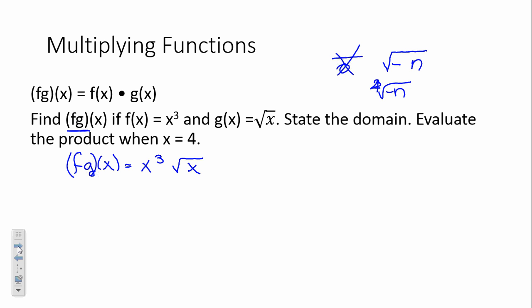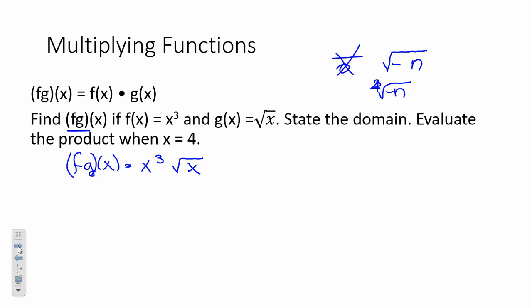No. Are we taking square roots? We are, aren't we? Okay. So what can't be in our domain? Square root of negatives, right? Okay. That x can't be negative, can it?